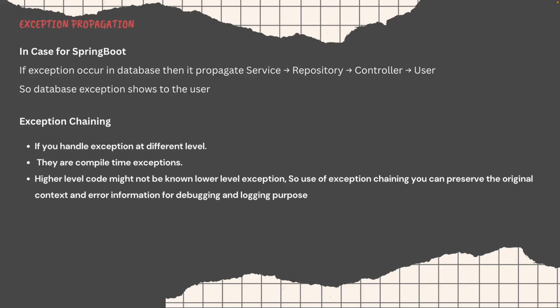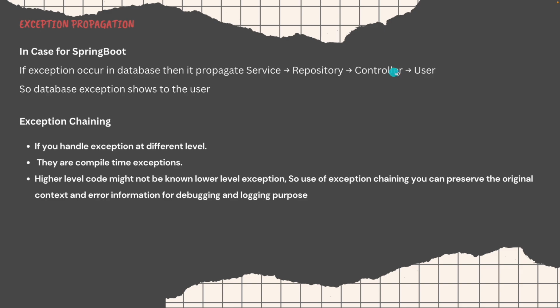If you want to show some other information to the user, not the actual exception which occurred at the database level. So we can see here how exception actually propagates from lower to higher or higher to lower. You can check the definition, like if the exception occurs in the database, then it propagates first to the service, then repository, then controller, and then to the user.